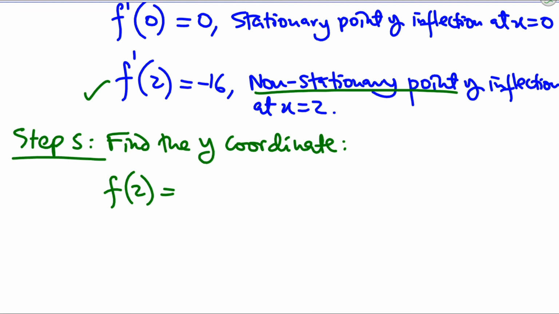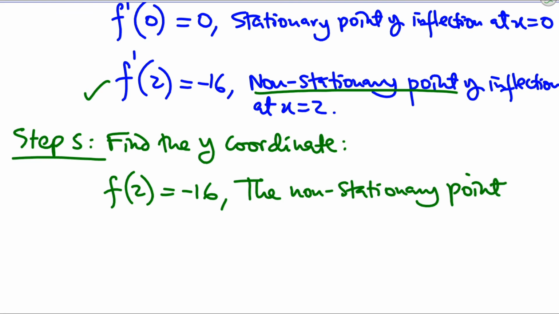If you plug 2 into the original function, you'll end up with negative 16. Which means that the non-stationary point of inflection is (2, -16).